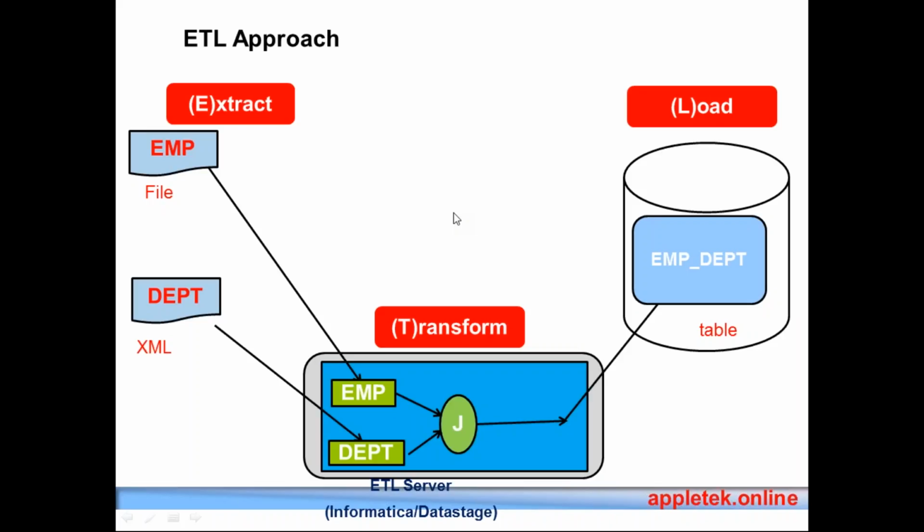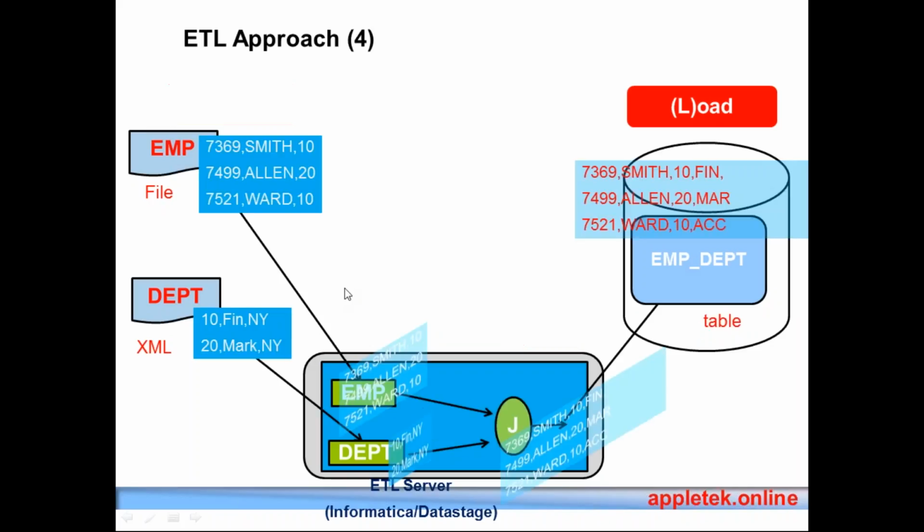So whenever you are following the ETL methodology, the major drawback, I cannot say drawback, it is one of the pain points, is that your data is always getting processed on the ETL engine.